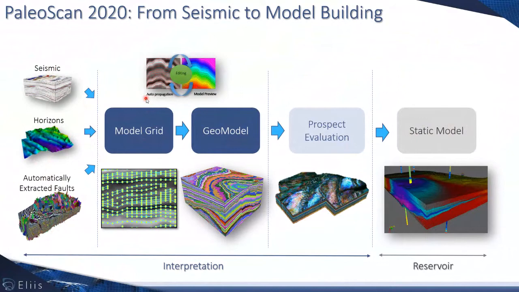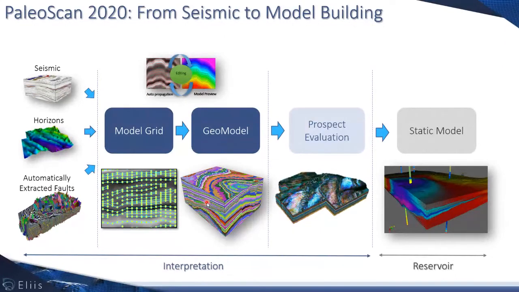This is just a grid made of nodes and patches, and PaleoScan will link all the patches to create horizons. Then the interpreter has to QC all these horizons in order to create what we call the geomodel. And once we have this geomodel, we can then move on to the next step, which is the prospect evaluation.